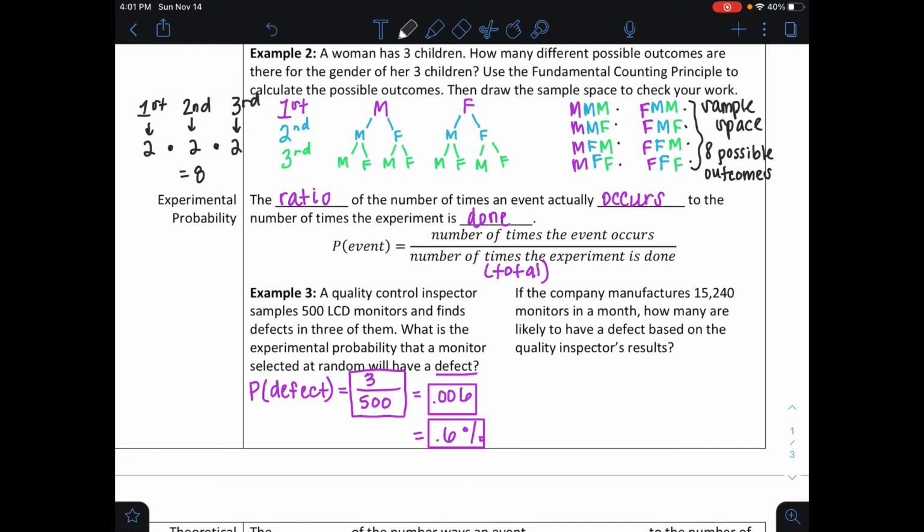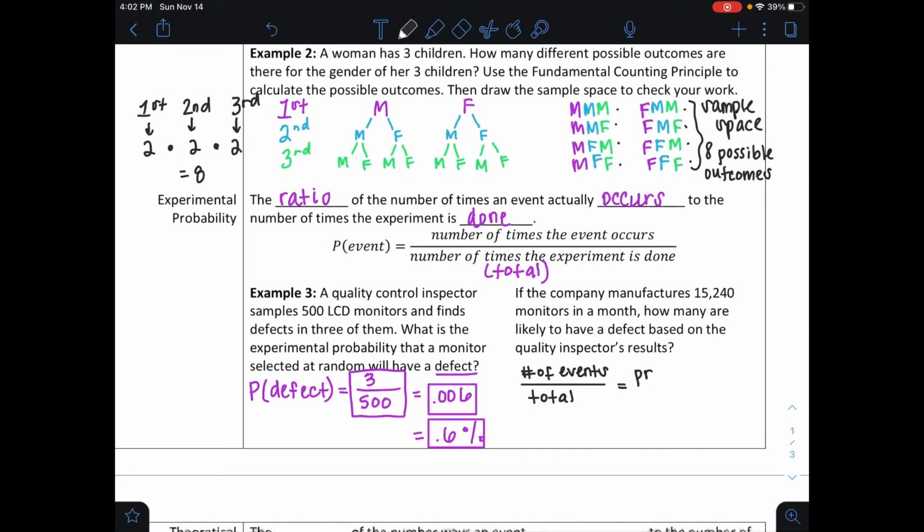Sorry, trying to make this make sense. All right, so we're going to have the number of events over the total. That's basically what this thing up here said, right? I'm just simplifying it.